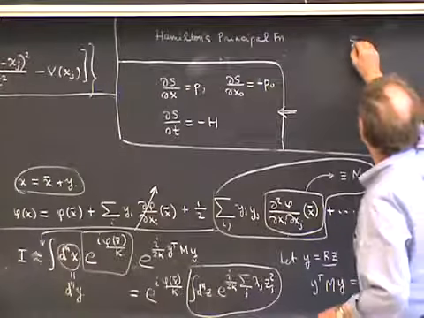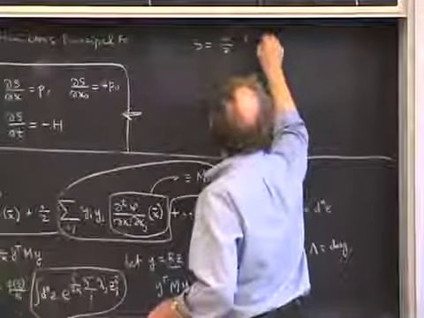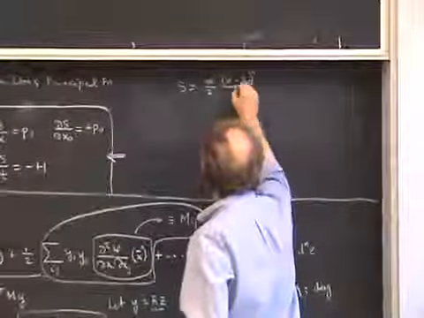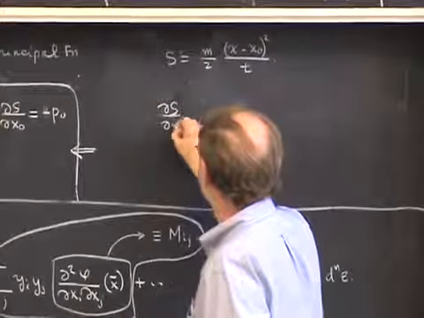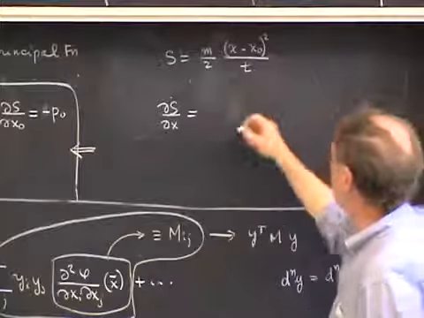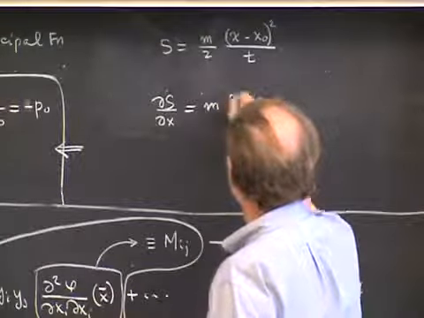So for the free particle, as I said, S is m over 2, (x minus x0) squared over t. If we differentiate S with respect to x, you can easily see what you get: m times (x minus x0) over t.